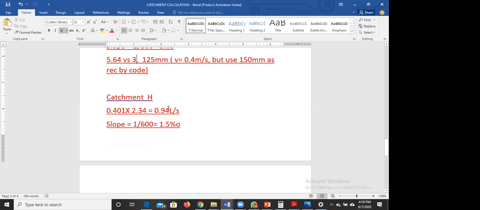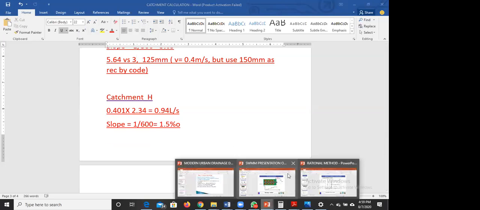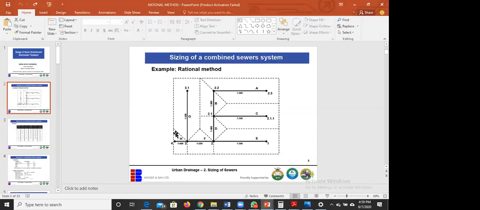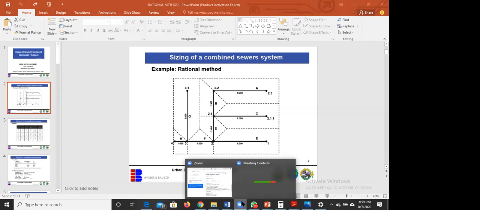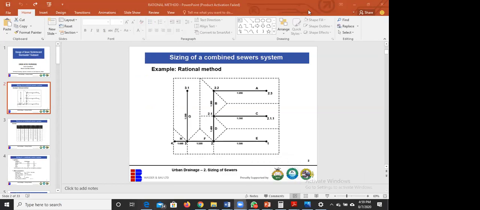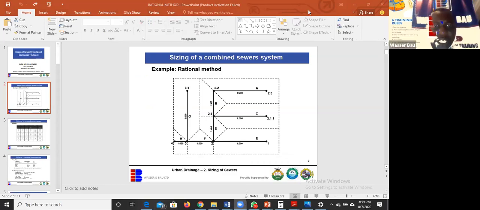But for H, the catchment of H has a discharge of 0.494. And if you look at H, it is very small. But how come the pipe size is very huge? The reason being that although H is a small catchment, the tributaries of the other catchments are entering into it. It's like a collector to other tributaries.